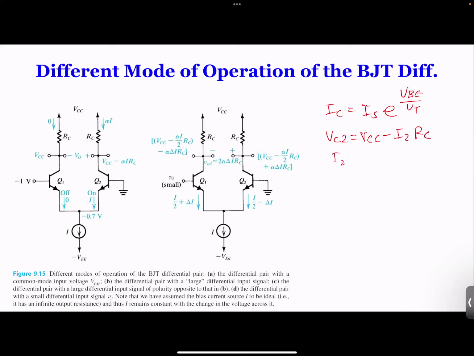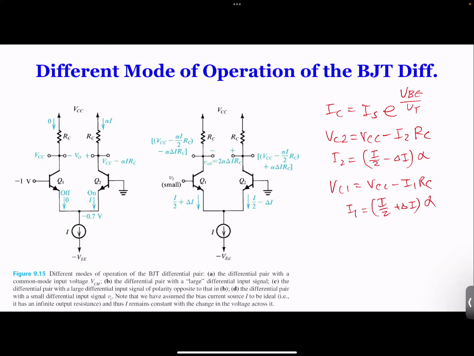Well, this I2 becomes I over 2 minus delta I, where delta I is the difference, that's cost, times alpha. And VC1 becomes VCC minus I1 times RC, well, I1 equals I over 2 plus delta I, times alpha.